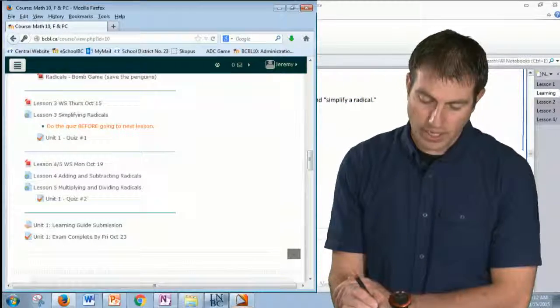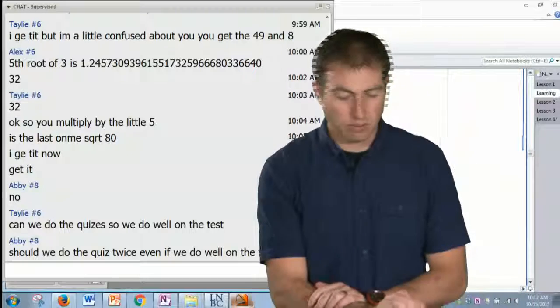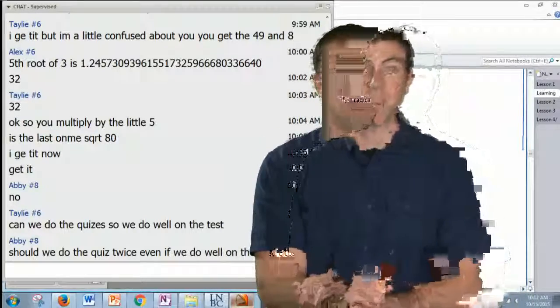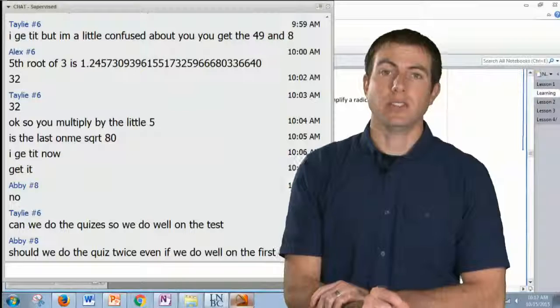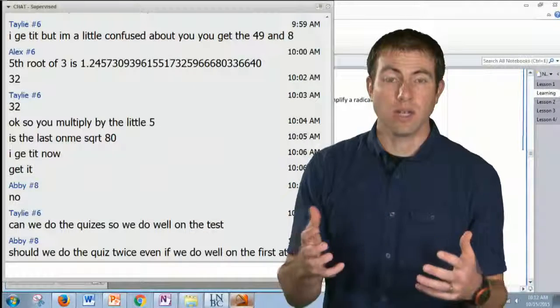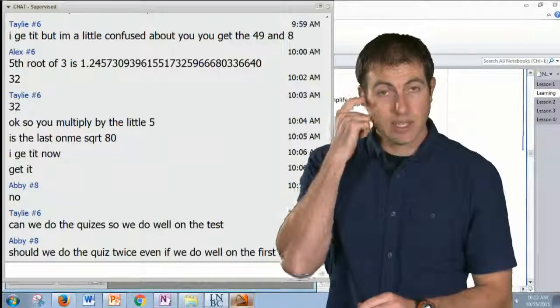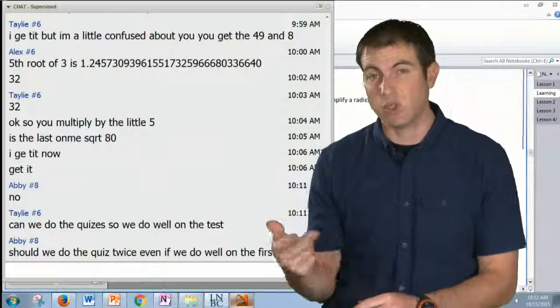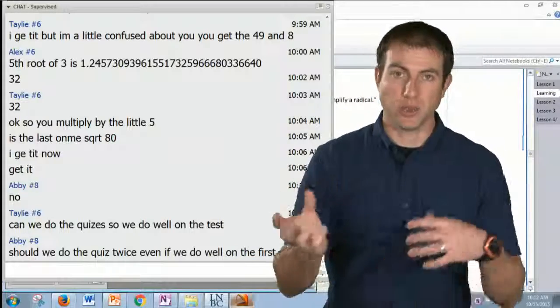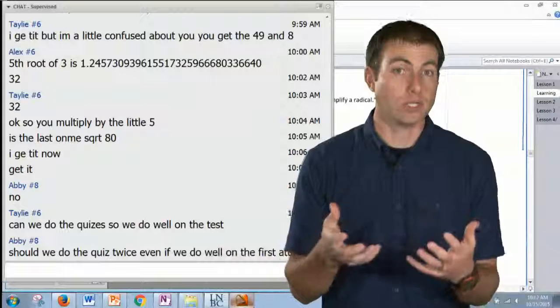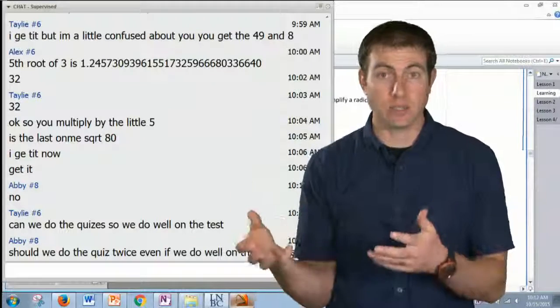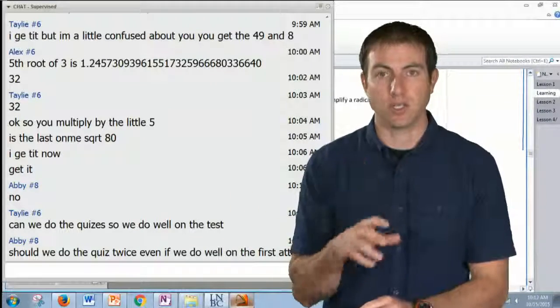Awesome question. And should we do the quiz twice even if we do well on the first attempt? I'll tell you this much. The test that you do is based out of the same questions as the quizzes. So if you did each quiz twice, they're just randomly chosen questions. You might get the same question on a quiz and then the next quiz, or you might get the same question on a quiz and then the test.